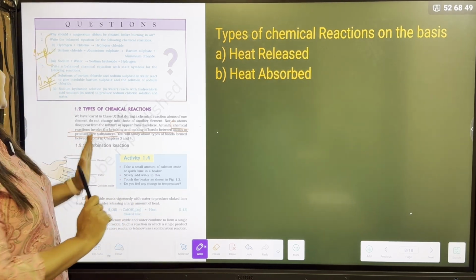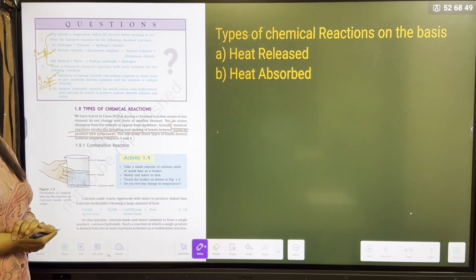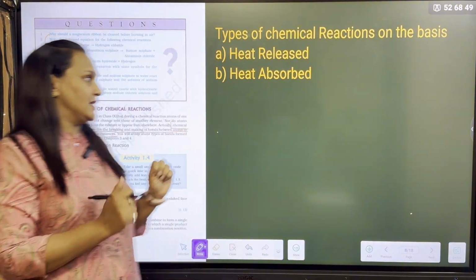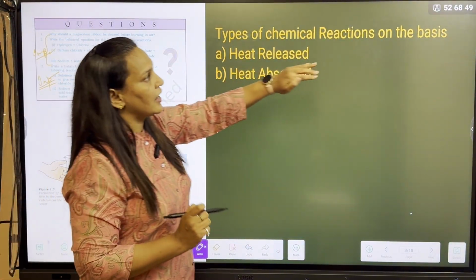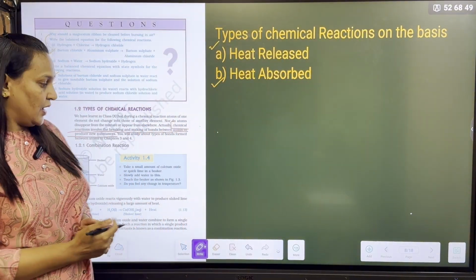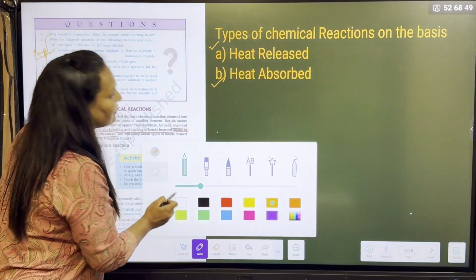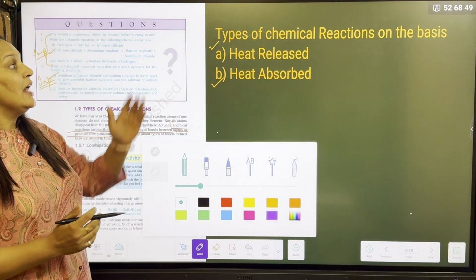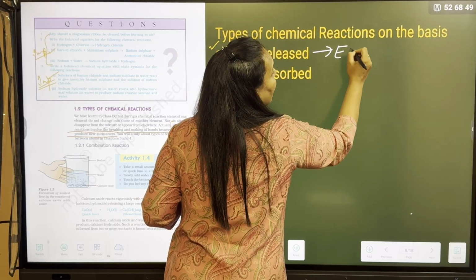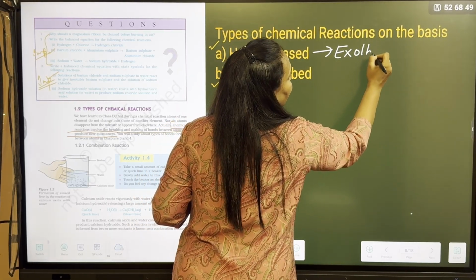Now the question arises: next, types of chemical reaction. Understand, we divide chemical reactions on various bases. First, let's describe the chemical reaction on the basis of heat released and heat absorbed. When I talk about heat released and heat absorbed, what do you mean? The reactions in which heat energy is released are called exothermic reactions.